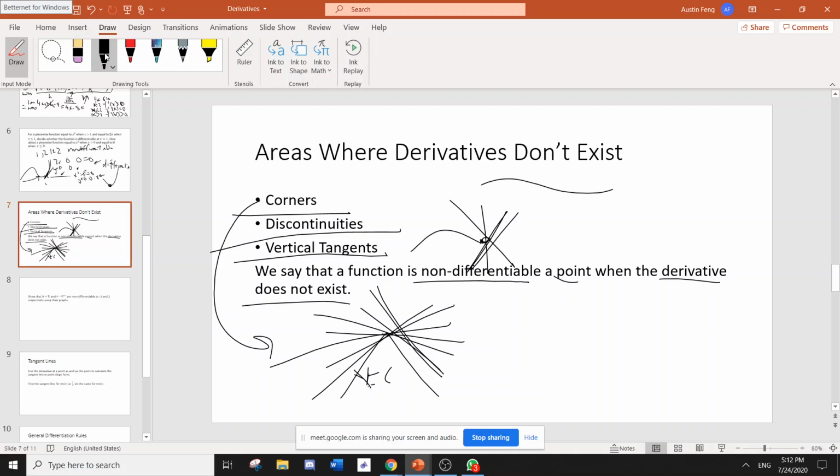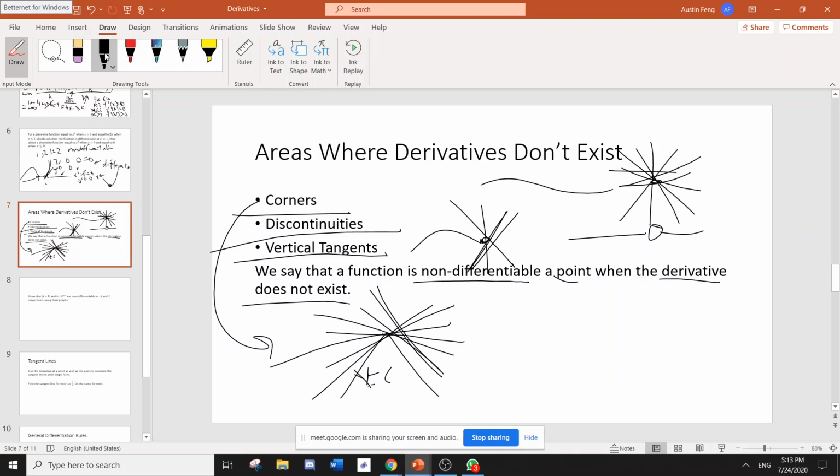And if you have a removable one over here, you can pivot it a million ways. Since a point can't have multiple derivatives, the derivative doesn't exist.